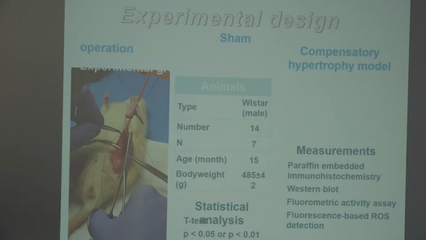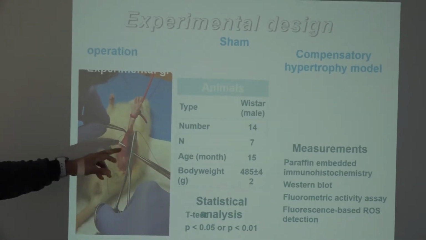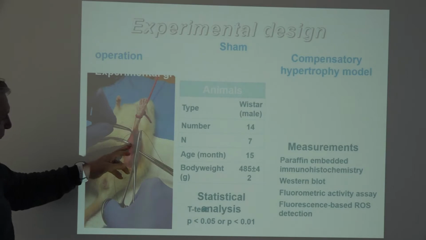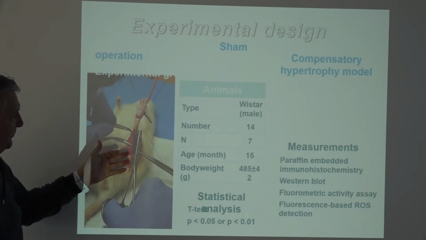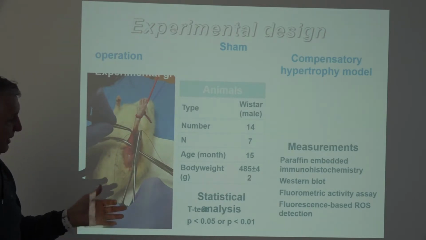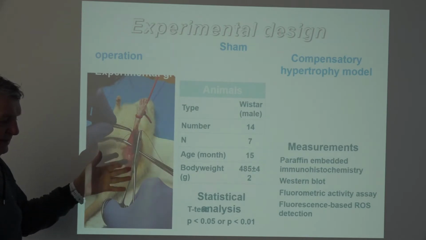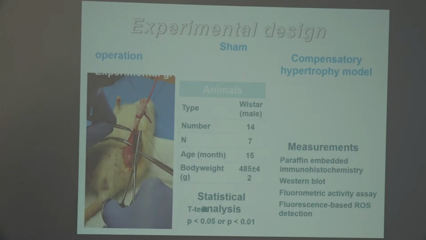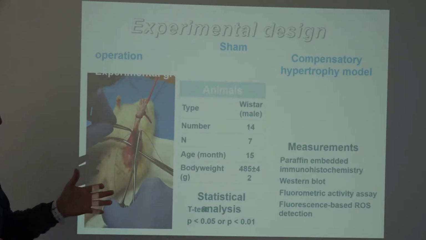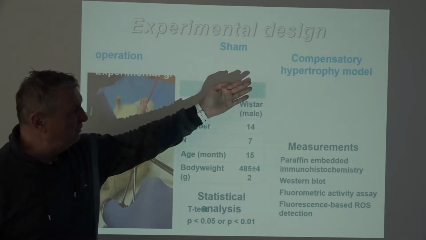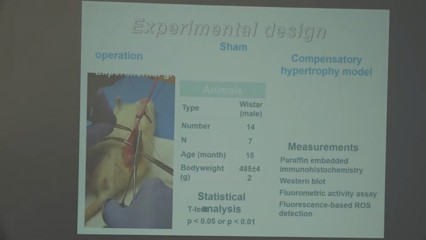We removed the gastrocnemius muscle and the soleus muscle from the rat, and then the animals started to walk after the surgery, which means that the plantaris muscle, which remained there, had to keep all of the weight of the animal. So this process is called the compensatory hypertrophy model, and it works very well.